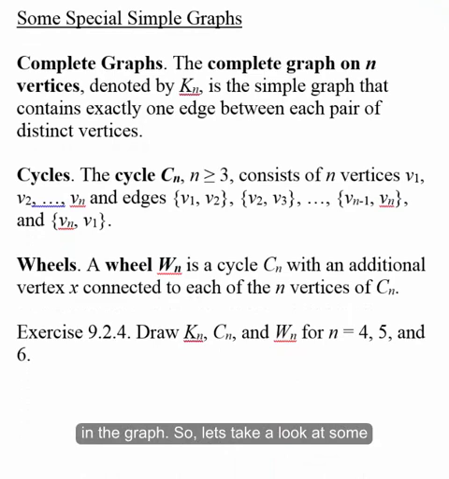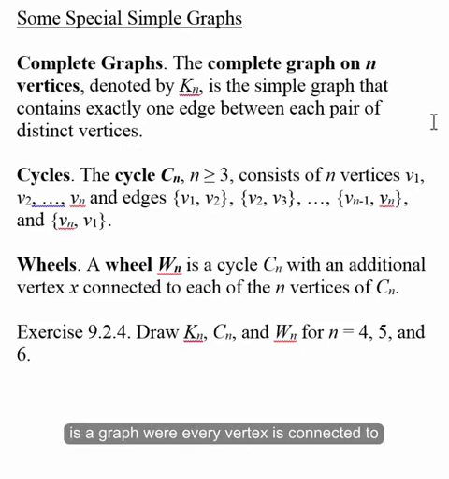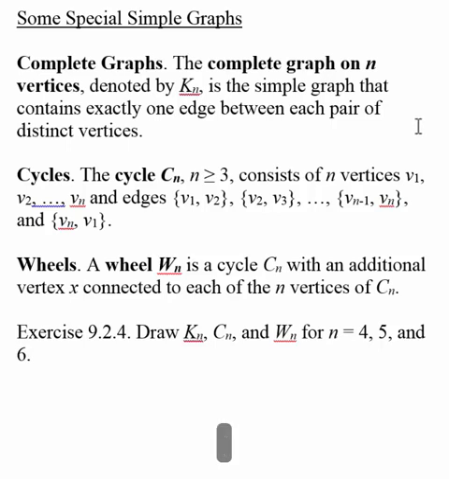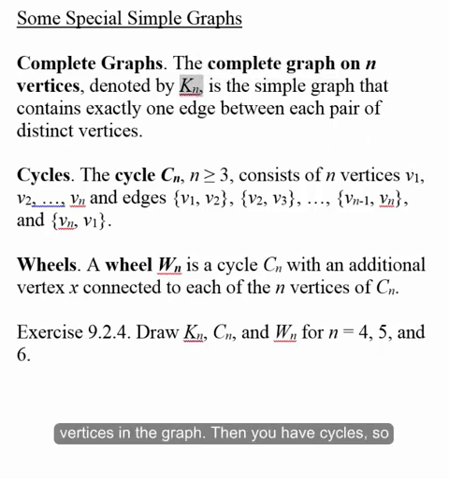So let's take a look at some special simple graphs. We have complete graphs. So a complete graph is a graph where every vertex is connected to every other vertex in the graph. You use the notation K sub n, where n is the number of vertices in the graph.